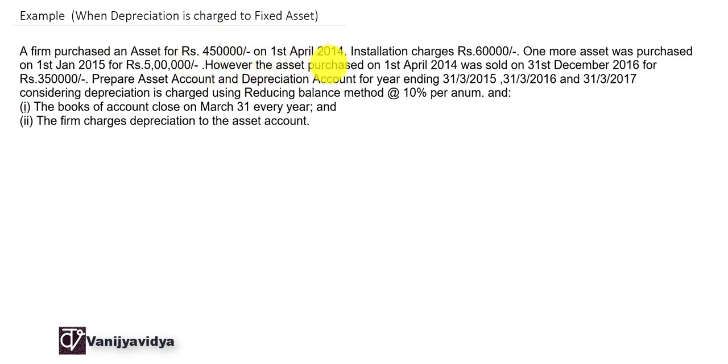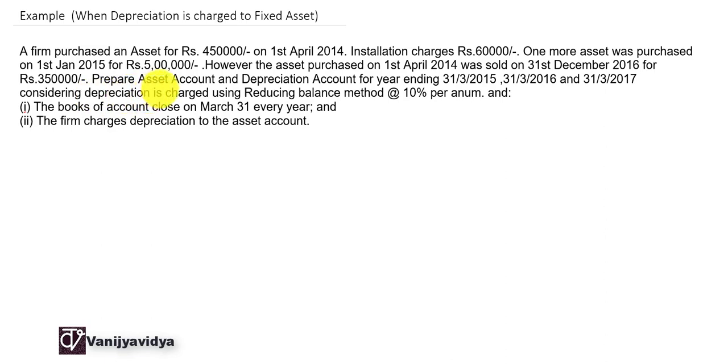However, the asset purchased on 1st April 2014 was sold on 31st December 2016 for rupees 3,50,000. Prepare asset account and depreciation account for year ending 31st March 2015, 31st March 2016 and 31st March 2017.